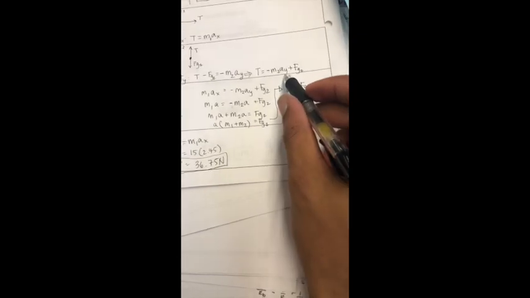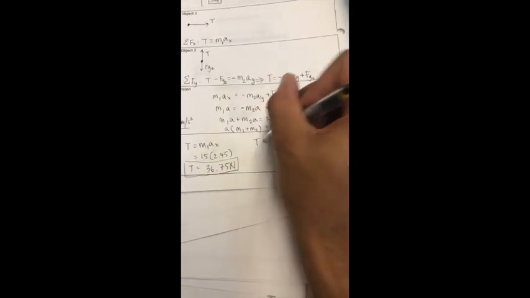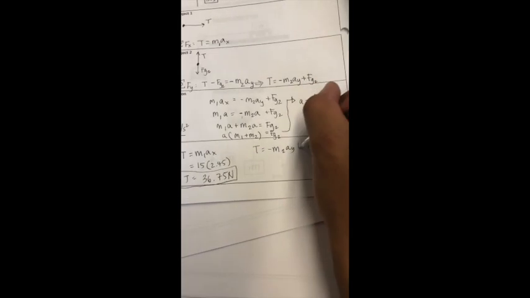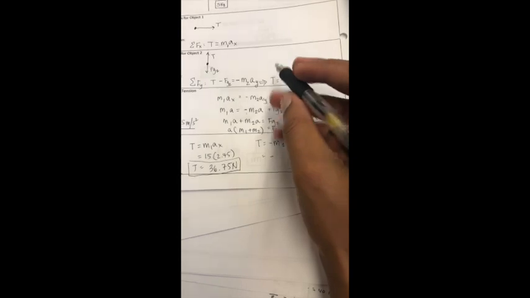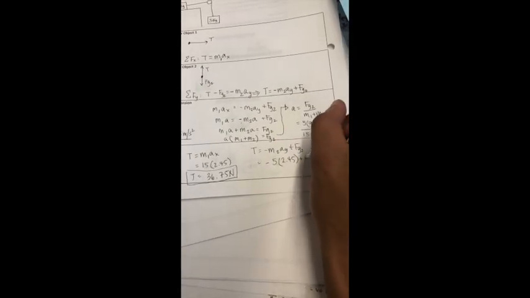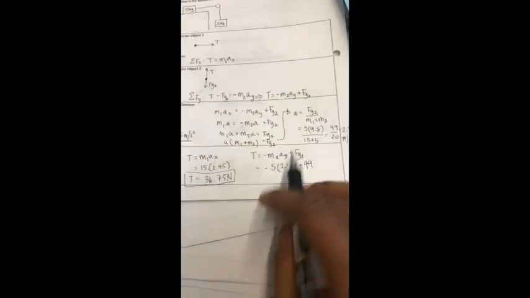And using the second equation, I'm just going to show it to you guys so you can see that you get the same exact answer. You get negative, that was 5 kilograms times 2.45 plus 49, which was the force of gravity for the second object.